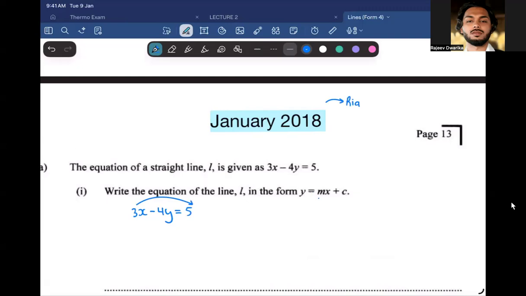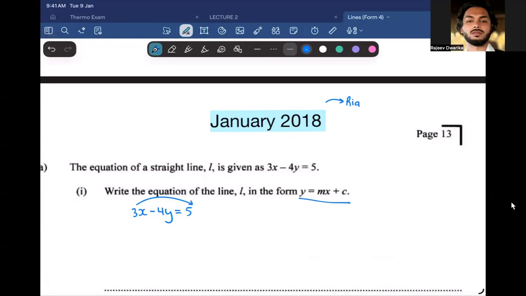If you want to put it in this form, when you move across 3x, will it be negative 3x or positive 3x? It will be negative 3x. Do you think I should put it before the 5 or after the 5? After the 5.